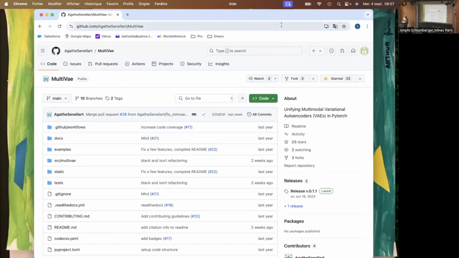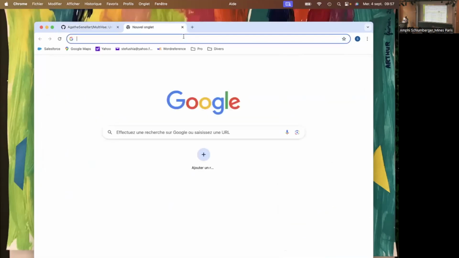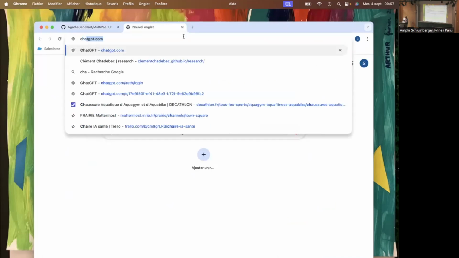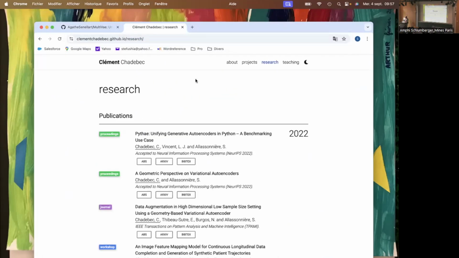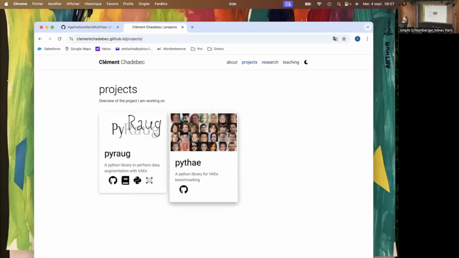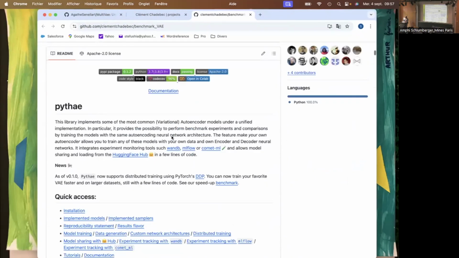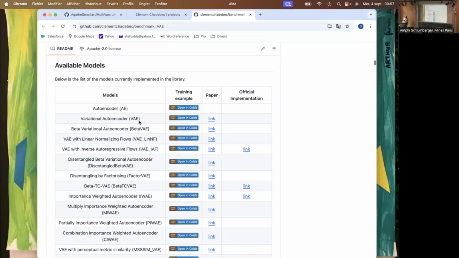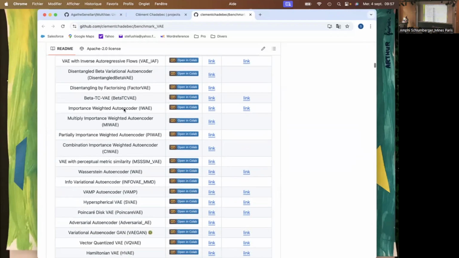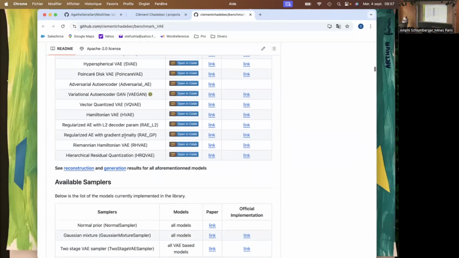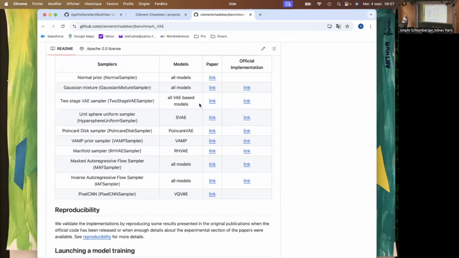And the other one is Pythae. So maybe some of you know about it. This is how to work with autoencoders and variational autoencoders. So you see how many models he has been able to implement, and the comparisons and samplers as well.